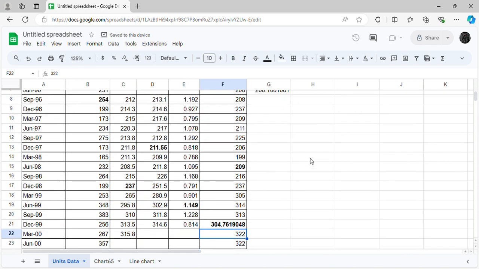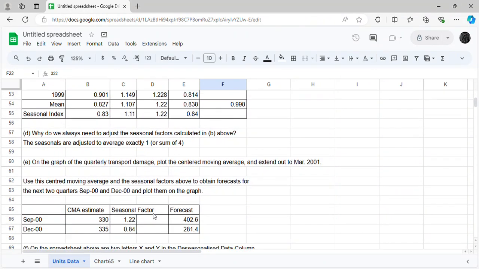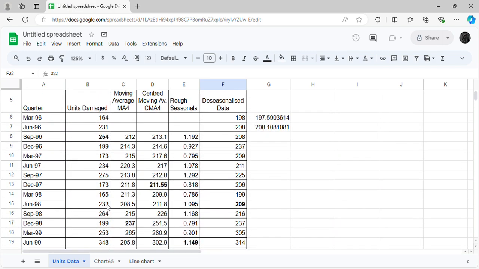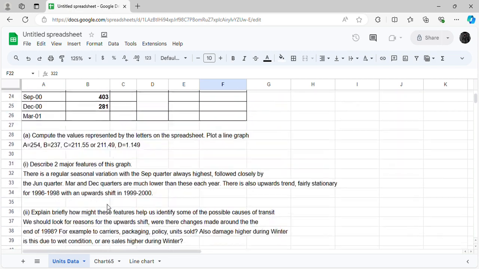And let's round that to the whole number. Okay, so X equals 209 and Y equals 305.